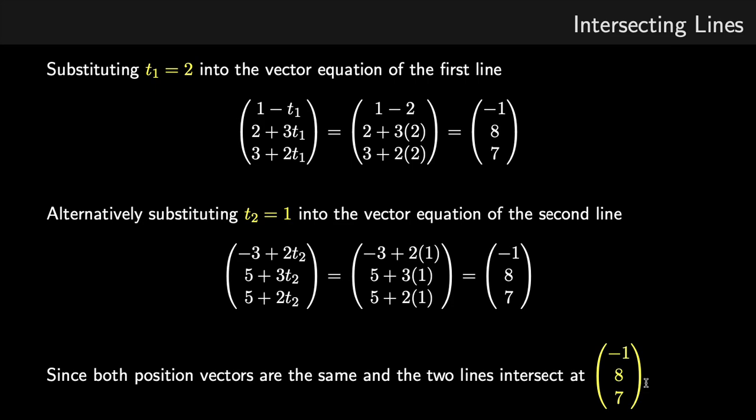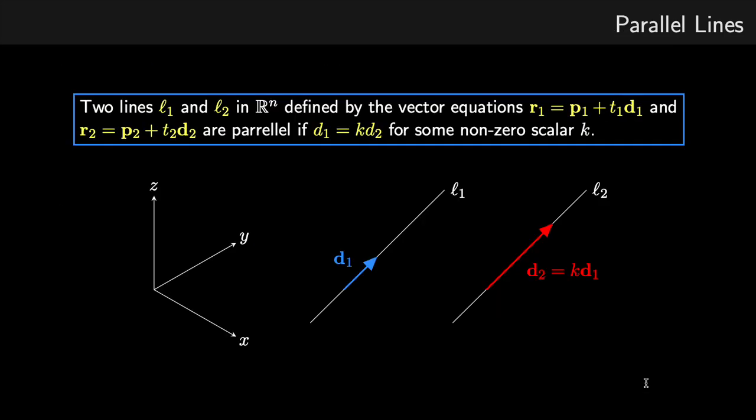Another instance we may have is where we have parallel lines. So if two lines, L1 and L2, are defined by the same vector equations as before, if the direction vectors are scalar multiples of each other, so in other words, let's say d1 is equal to some scalar k multiplied by d2, these lines are considered to be parallel.